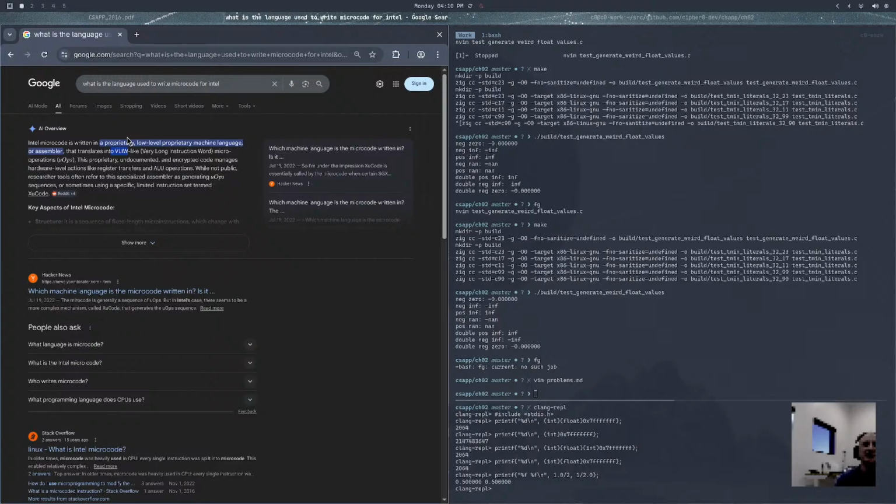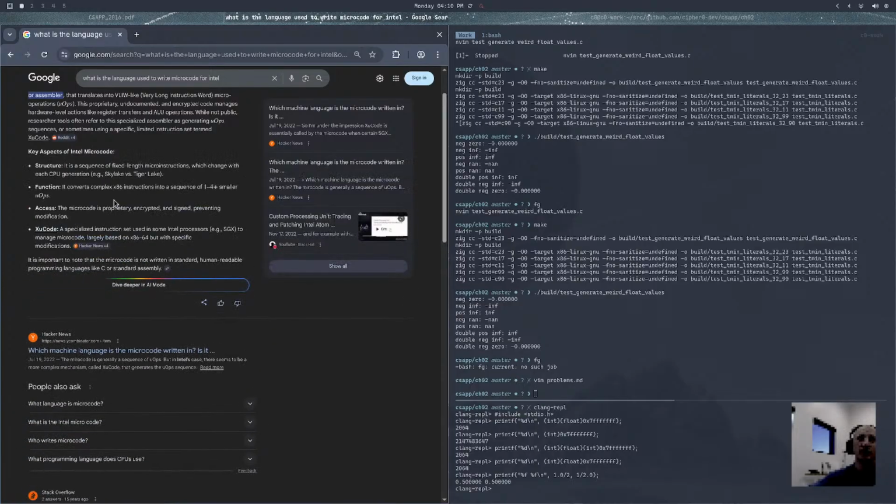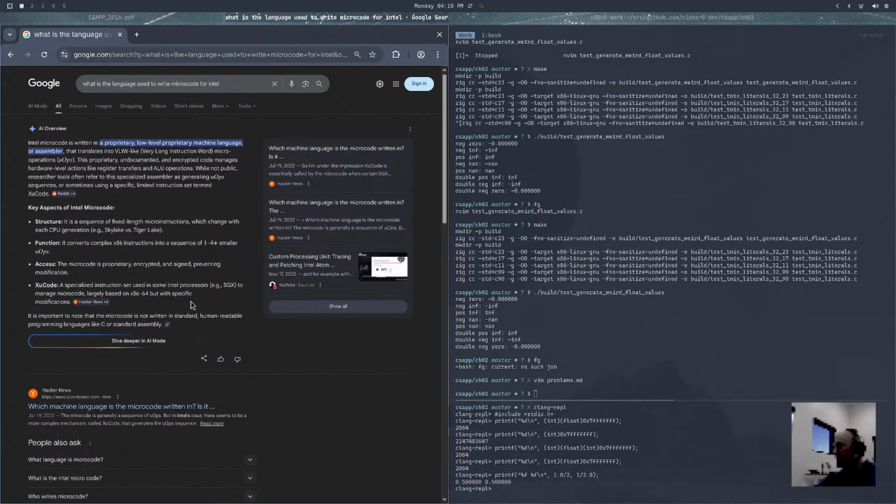I was close. I said VLA. It's VLIW. Intel microcode is written in a proprietary, low-level machine language or assembler that translates into VLIW, very long instruction word micro operations. This proprietary, undocumented, and encrypted code manages hardware-level actions like register transfers and ALU operations. While not public, researcher tools often refer to this specialized assembler as generating micro-op sequences, or sometimes using a specific limited instruction set termed XU code. Yeah, this stuff is massively proprietary.